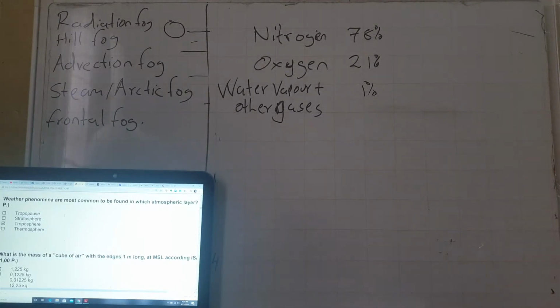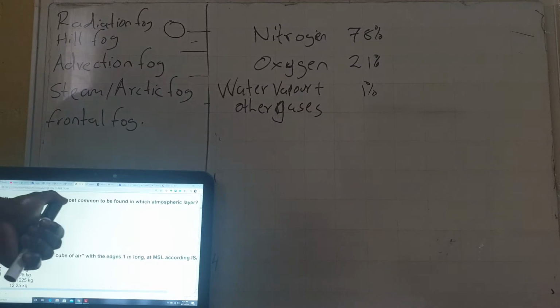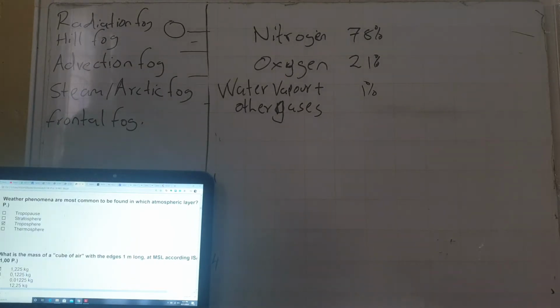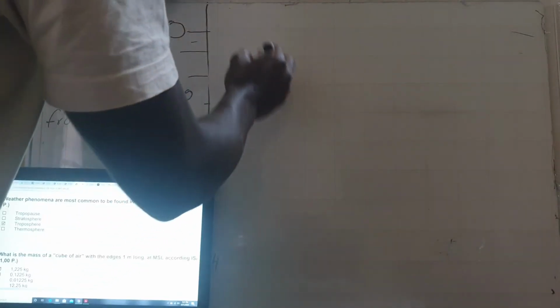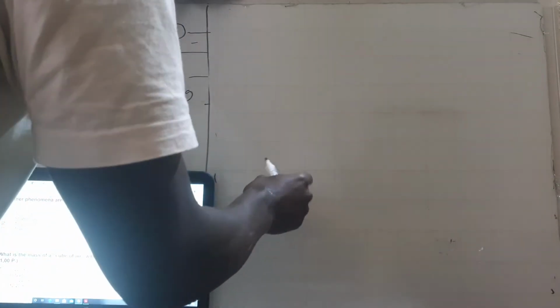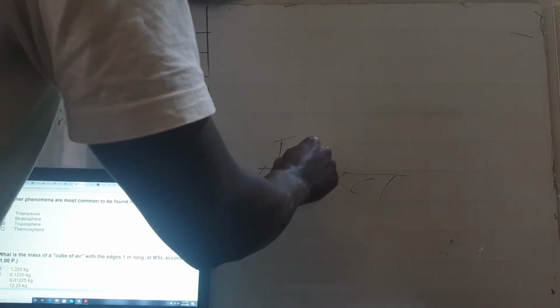So weather phenomena, number 6: weather phenomena are most common to be found in which atmospheric layer? We have 4 atmospheric layers. The lowest one, the one near the surface, is called the troposphere.